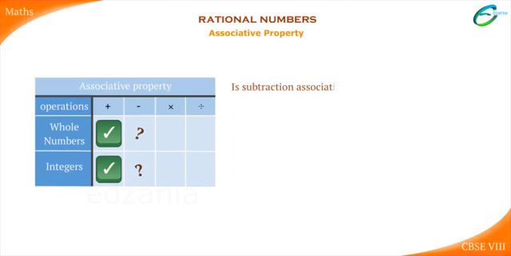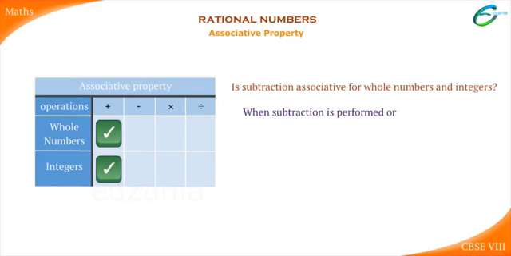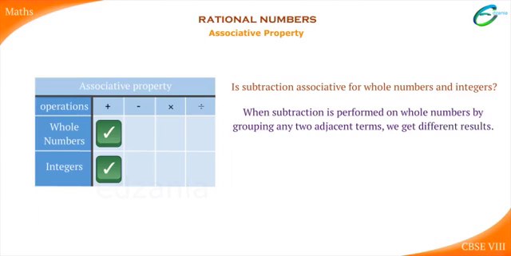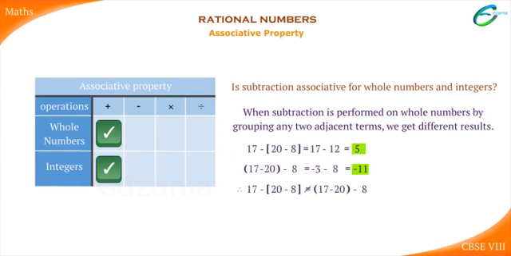Is subtraction associative for whole numbers and integers? When subtraction is performed on whole numbers by grouping any two adjacent terms, we get different results. Therefore, subtraction is not associative for whole numbers.